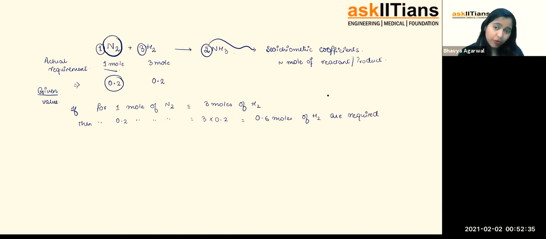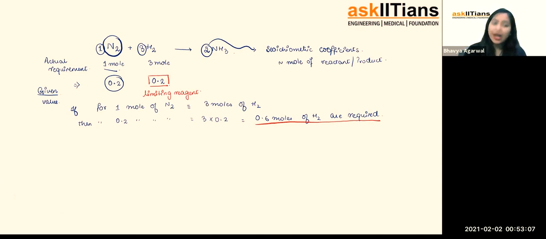But do I have 0.6? No, I have only 0.2. So required is 0.6, but I'm actually having only 0.2. It means I have a lesser quantity than required. So it becomes my limiting reagent, because it limits the quantity.